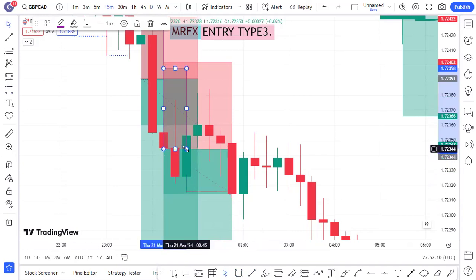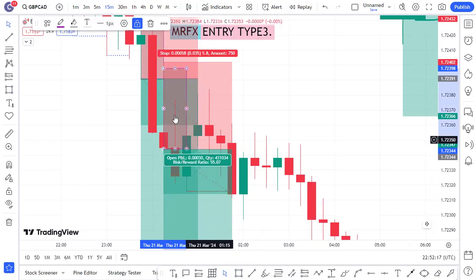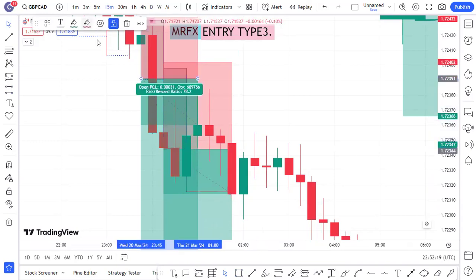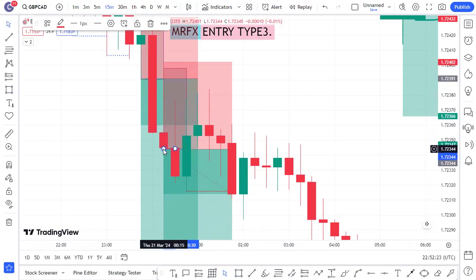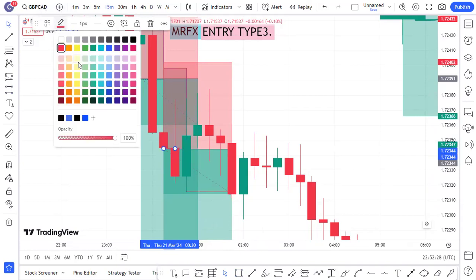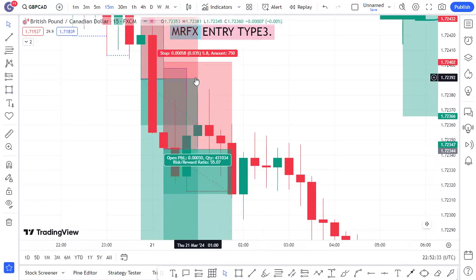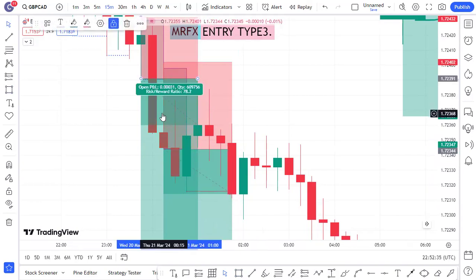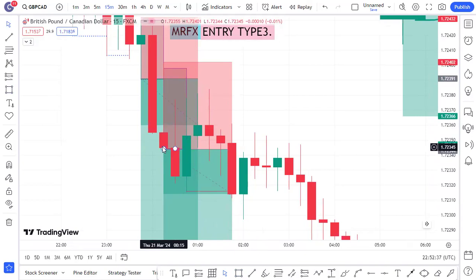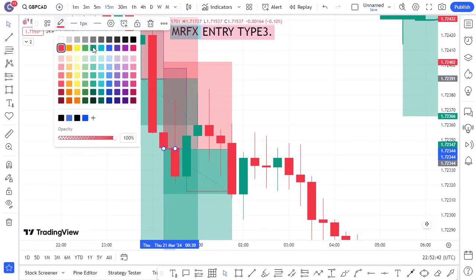I don't know if you guys will get to see this. You need to lock this one first. Then this candle. I'll have to give it a different color. Let us change the color.